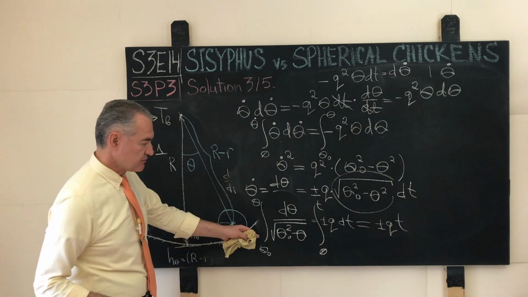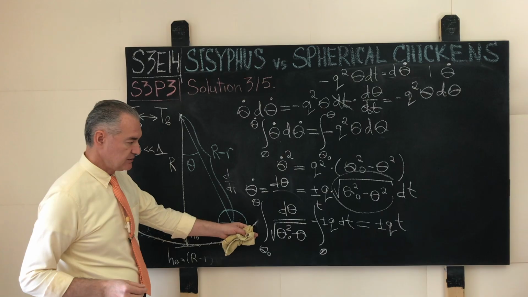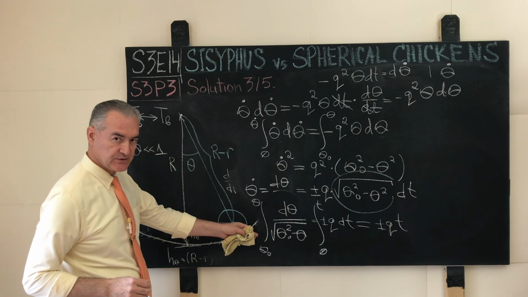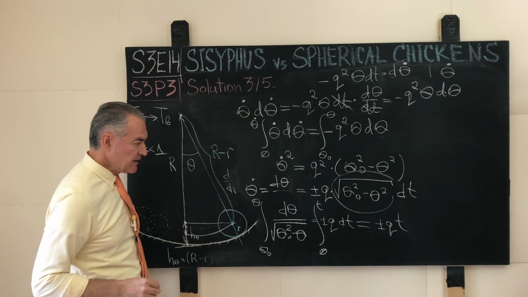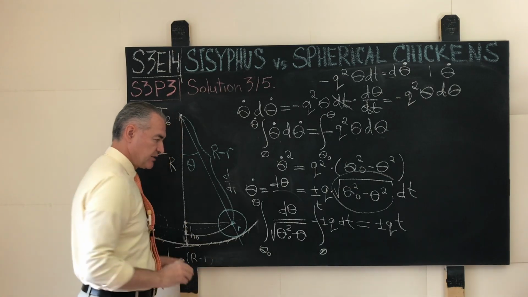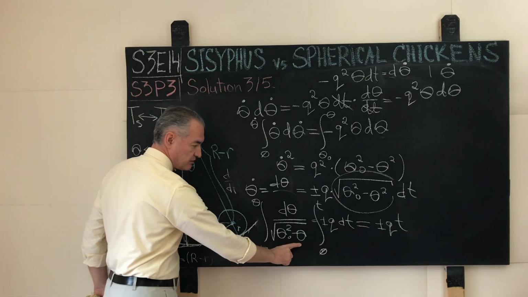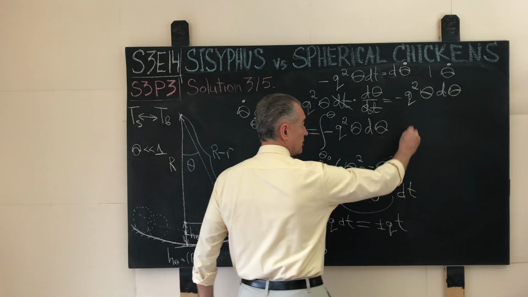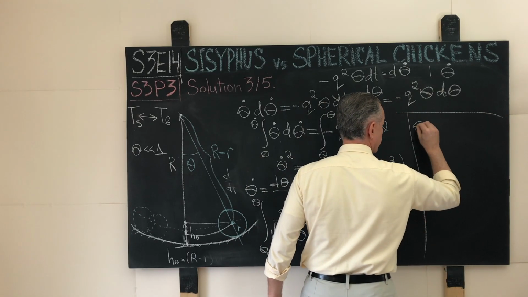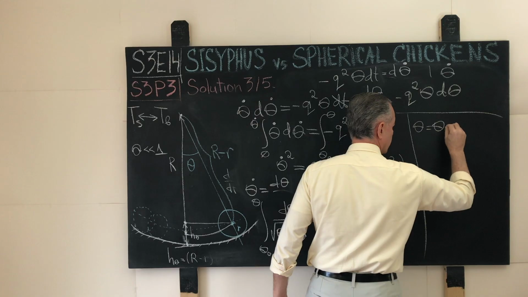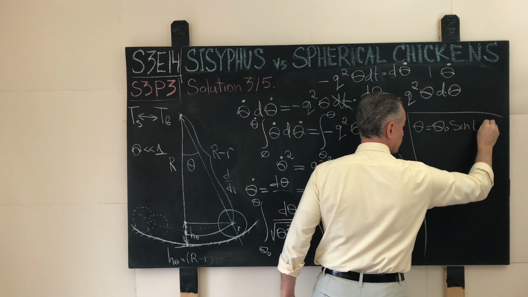Now, this integral over here is also a trivial integral. This is what you study in high school. Here we have some freedom of choice for the substitution. For example, this angle theta, let's write it down over here, can be substituted which way? Theta equals theta 0 times, let's say, sine of x.